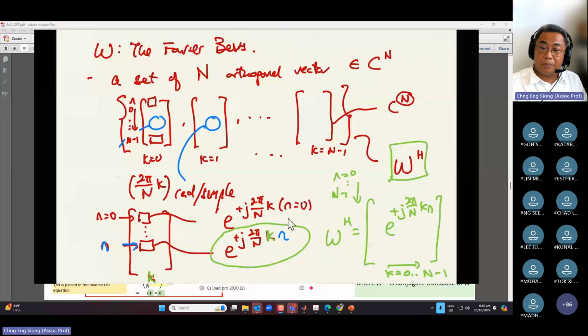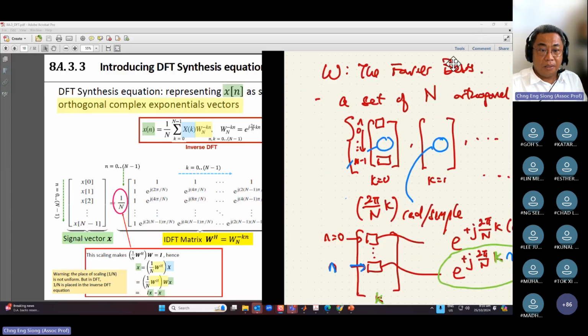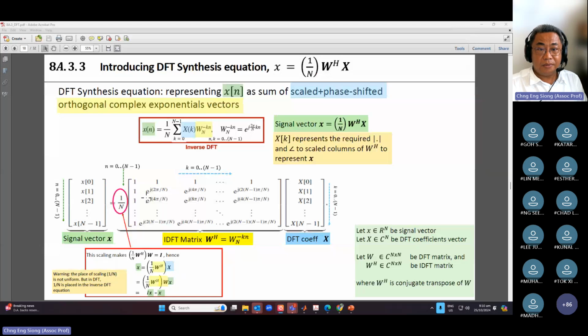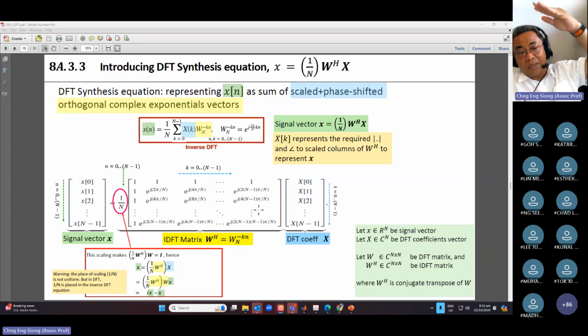This equation, W^H, I have written down here, e^{j2π/N kn}. You look at all these elements here. I'm showing you how k is running across the columns and how n is running across the rows. Later on, you'll figure out there's a 1 over N sticking around there for normalization. But W^H is this.